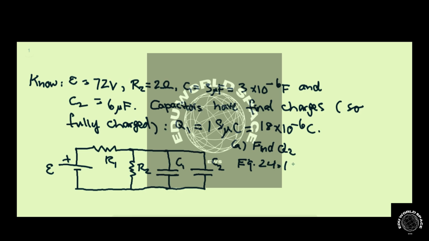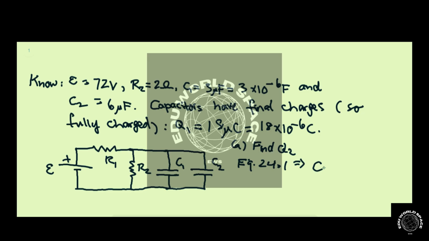The capacitors have obtained their final charges, so they're assumed to be fully charged. And when they're fully charged, C1 has a charge of 18 microcoulombs, or 18 times 10 to the minus 6 coulombs. And in part A, we're asked to find the charge on capacitor 2.